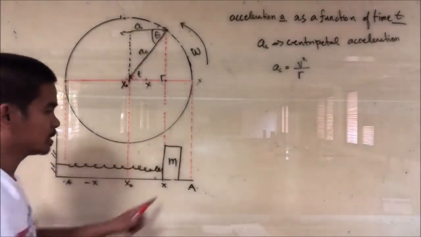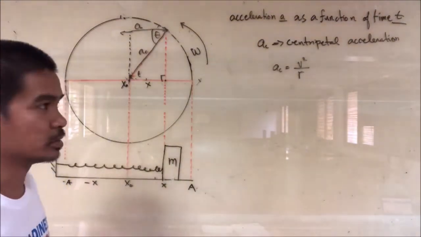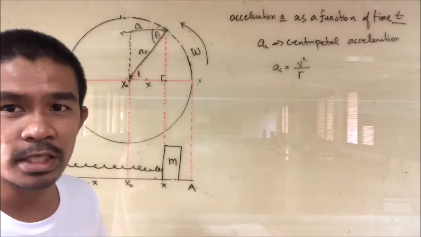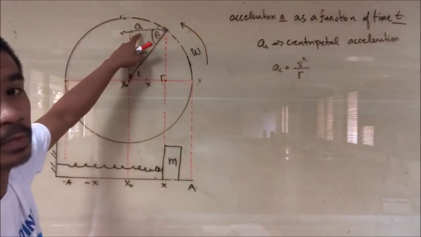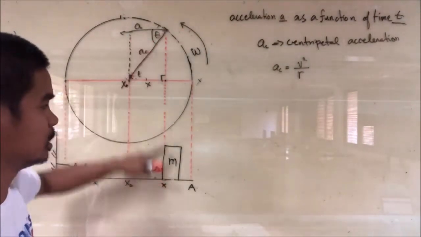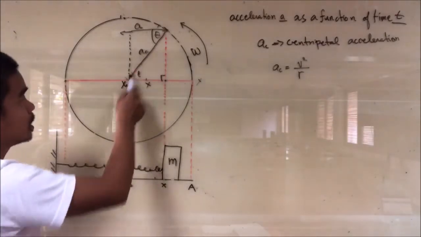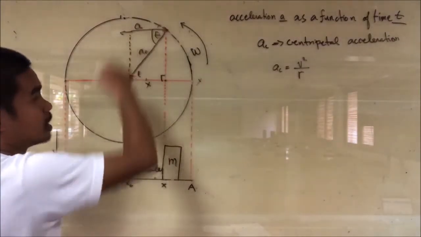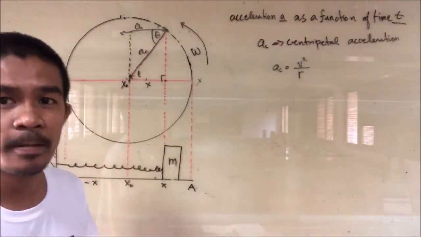But the acceleration of this object moving in simple harmonic motion always goes in the direction of the velocity of this object attached to the spring. And a_c here is the centripetal acceleration of this object moving around the circle, and it is always towards the center of the circle.